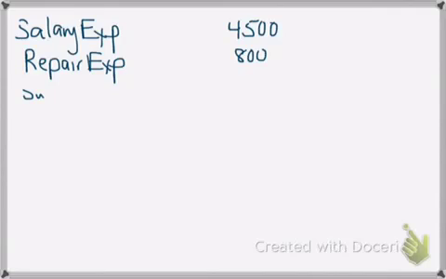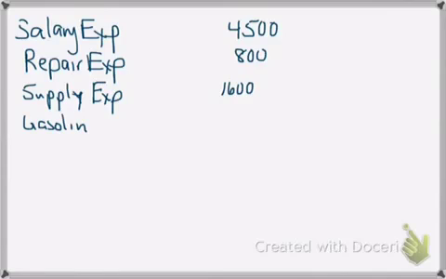Supply expense is going to be at $1,600, and then I have gasoline expense for $3,800.